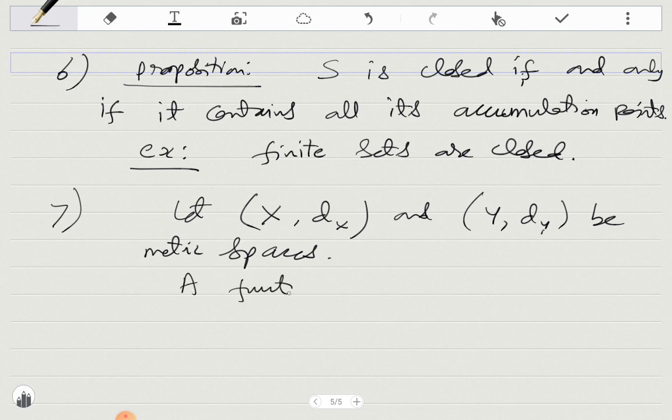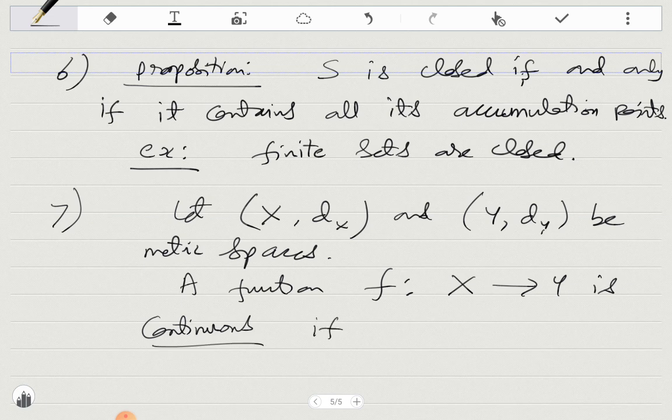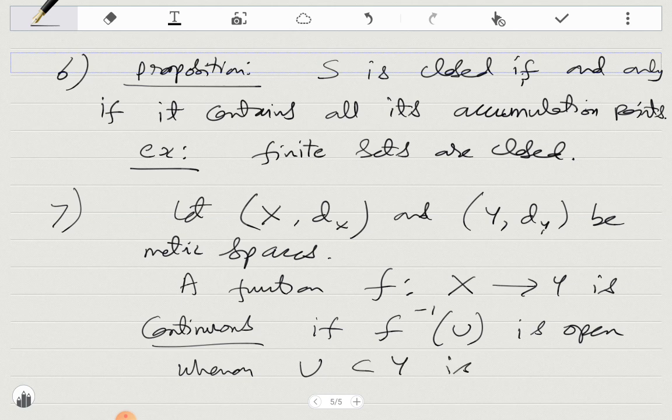A function f from X to Y is continuous if f inverse of U is open whenever U is open.